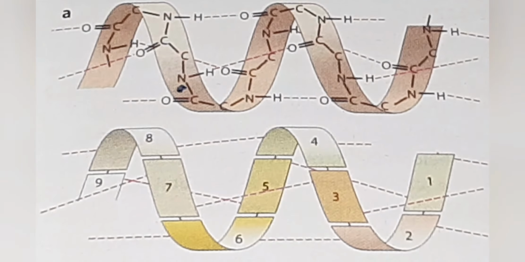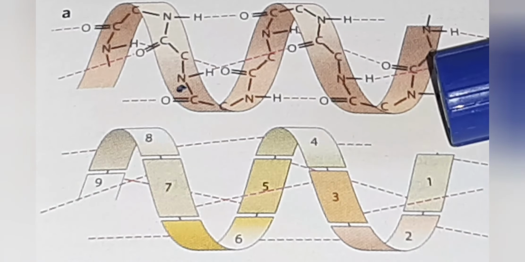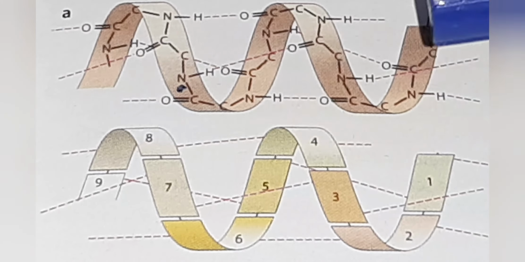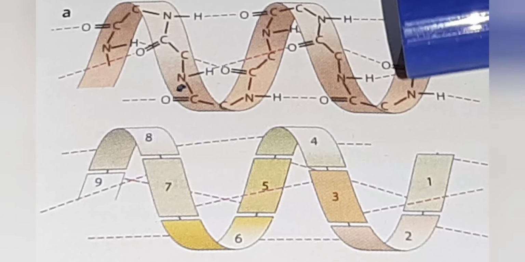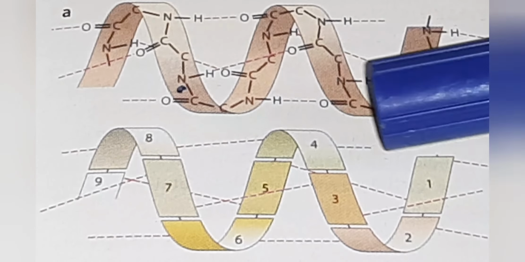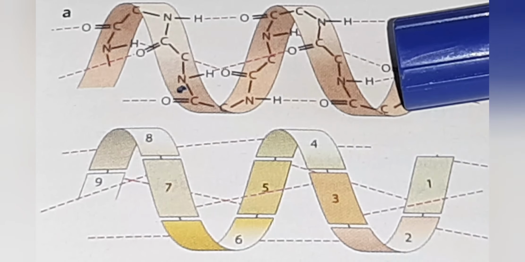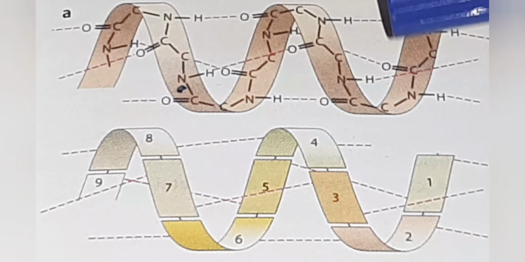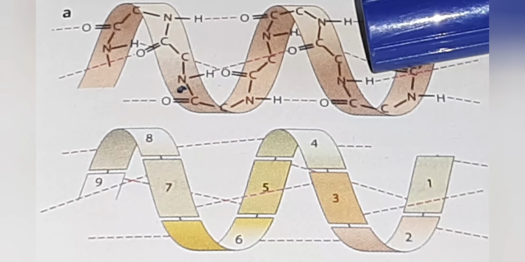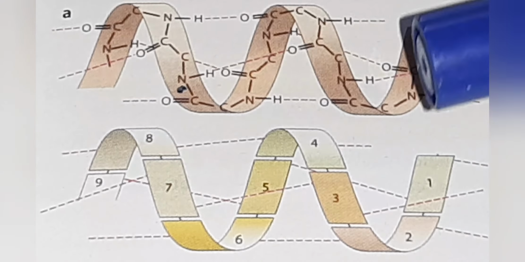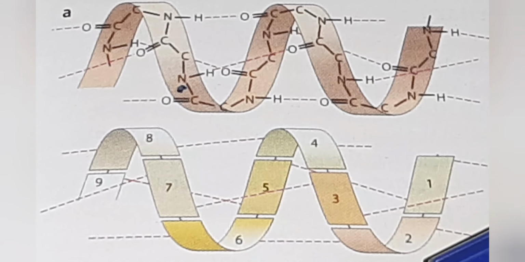How about secondary structure? Secondary structure is the structure of a protein molecule resulting from a regular coiling or folding of the chain of amino acids. For example, this is an alpha helix, and this is a beta helix.